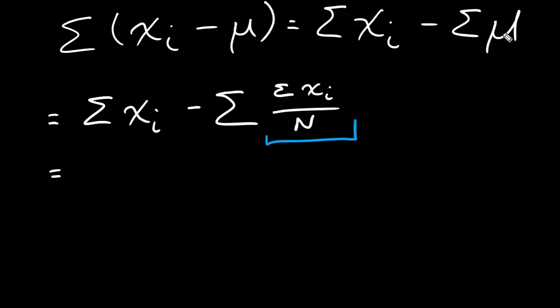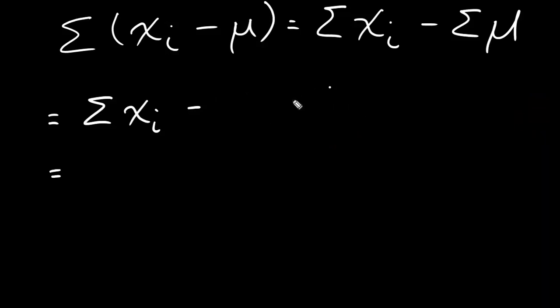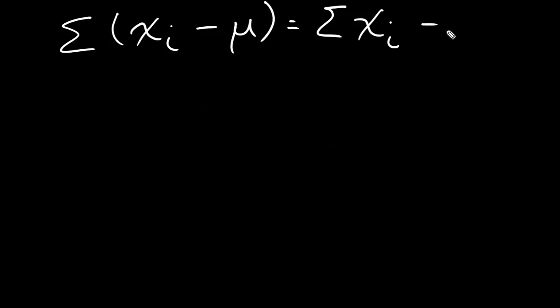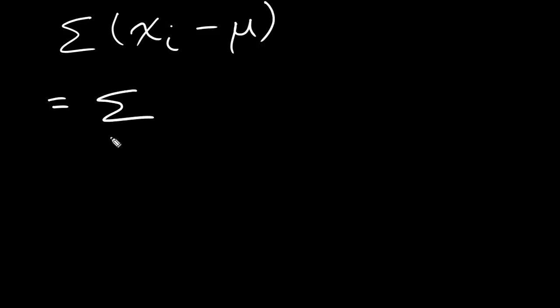Actually, let's make this a little more specific. Technically, we're going to throw in some of that notation that we aren't going to worry about later on. What we have here is the sum from i equals 1 to capital N for all of this.